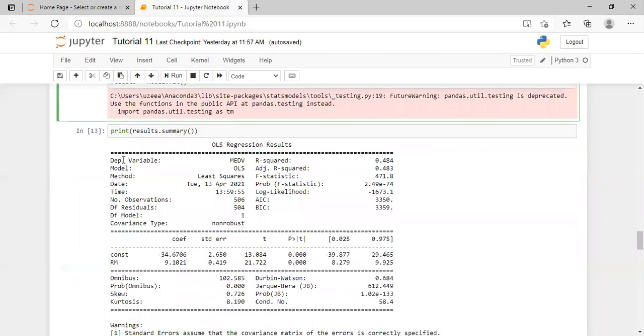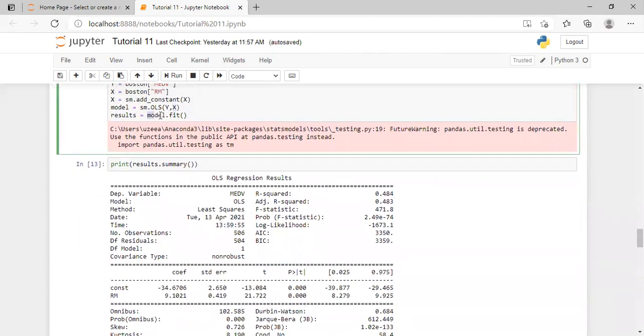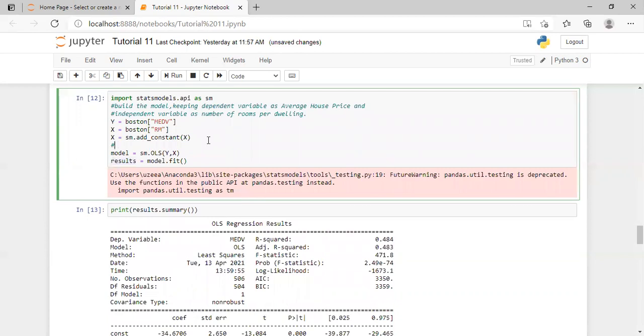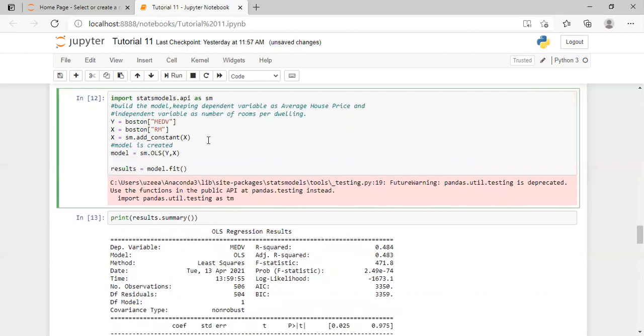Then I am fitting my model by using model.fit and storing the results in the results variable. So over here the model is created, and over here the model is estimated. When we run this command, our model is estimated.